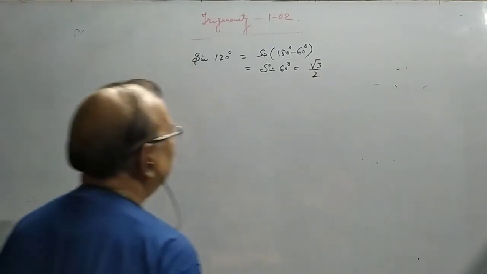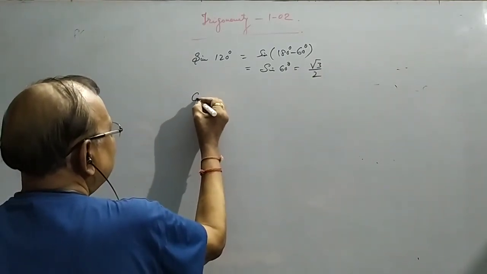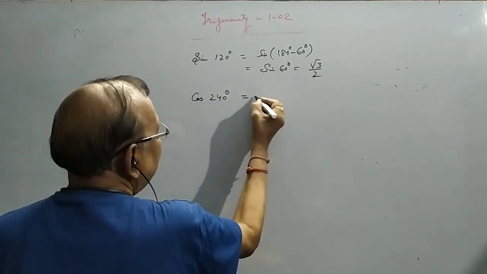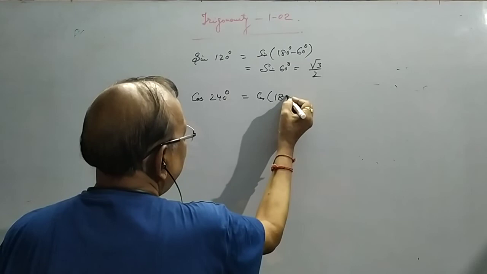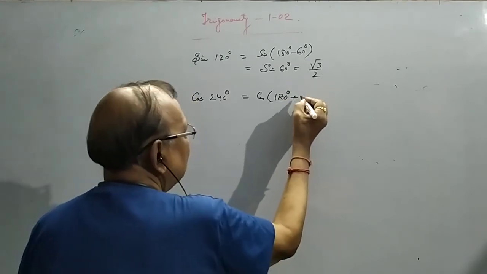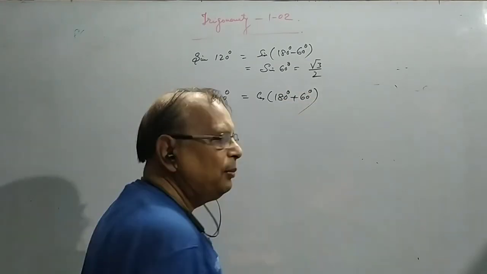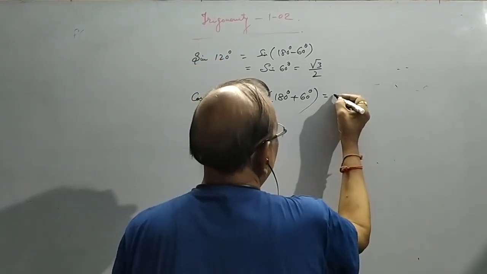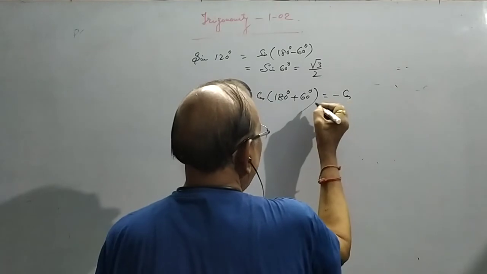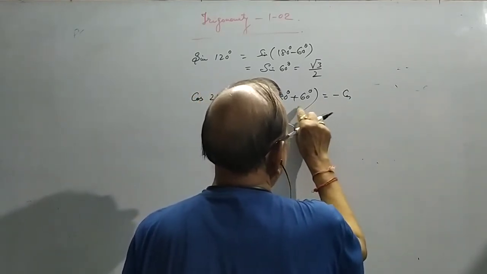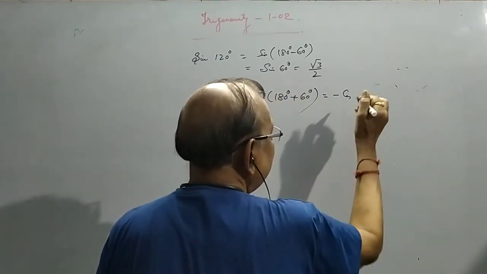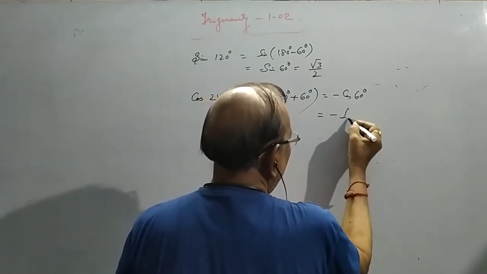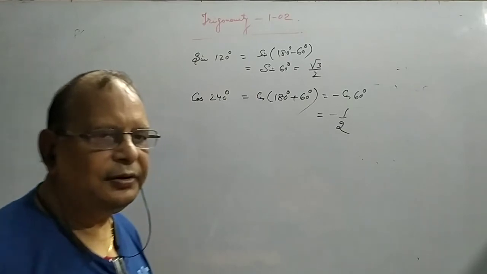Now, if we are interested in cos 240 degree, that will be cos 180 degree plus 60 degree, ये भी 180 plus 60, acute angle आ गया, that will be minus cos, थर्ड क्वाड्रेंट हो गया, cos 180 plus theta is equal to minus cos theta, that is cos 60 degree, that is minus half, that will be the result.